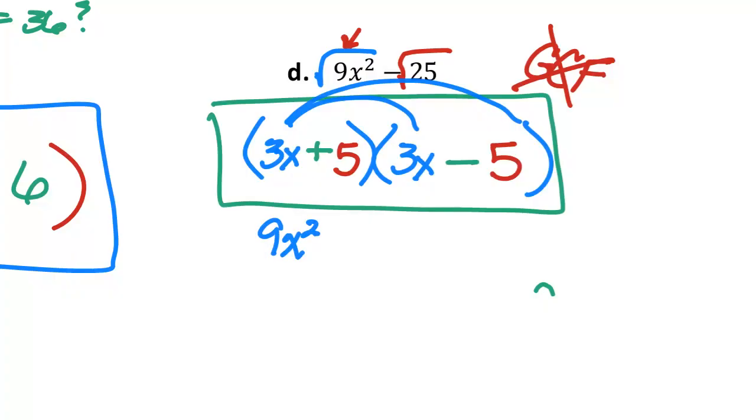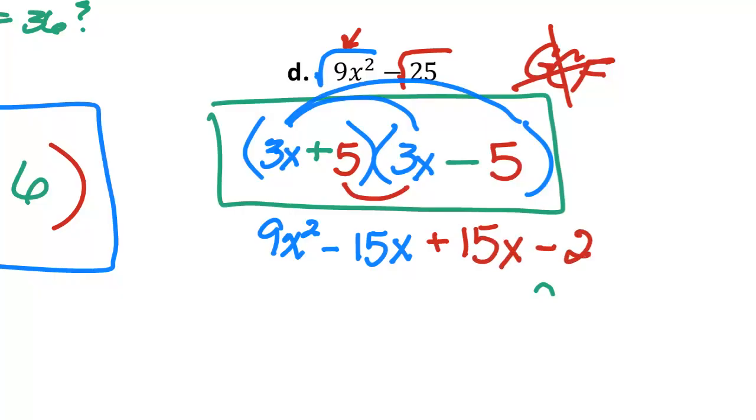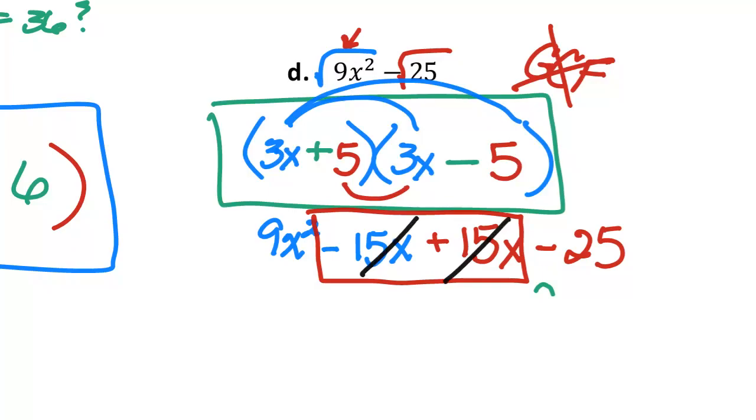Outside times outside is negative 15x. And then I do the inside times inside, that gives you the positive 15x. And then 5 times negative 5 is negative 25. So when you have the difference of two perfect squares, if you multiply it out, these middle two will always cancel out.